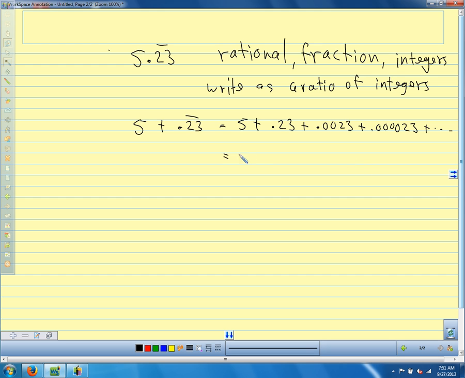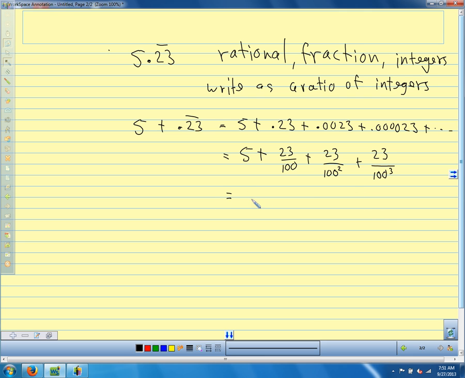Now I'm going to write this as 5 plus 23 over 100 plus 23 over, how can I write 10,000? How about a power of 100? 100 squared plus 23 over 100 cubed.